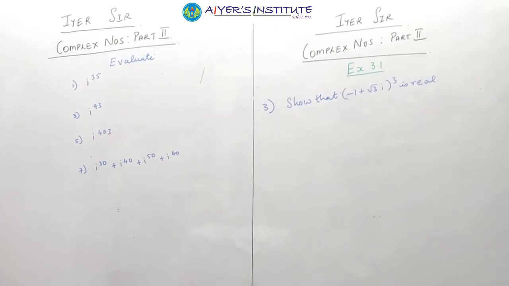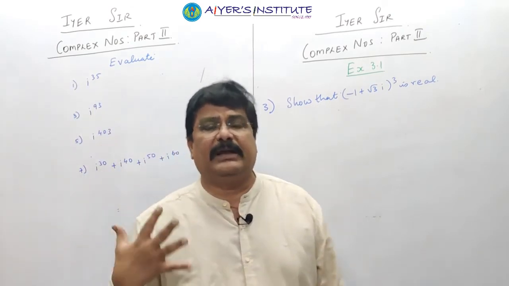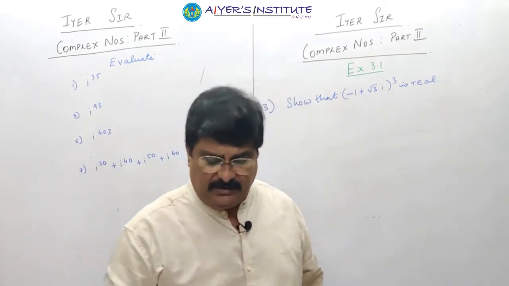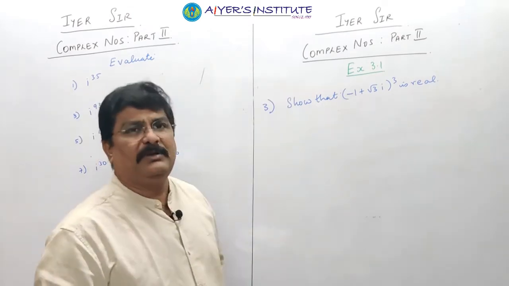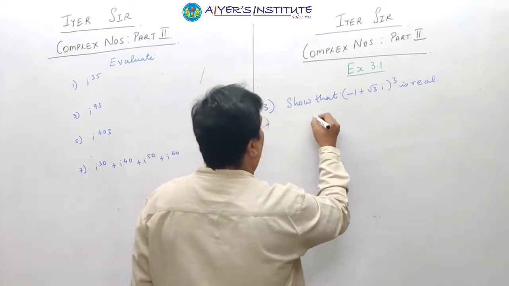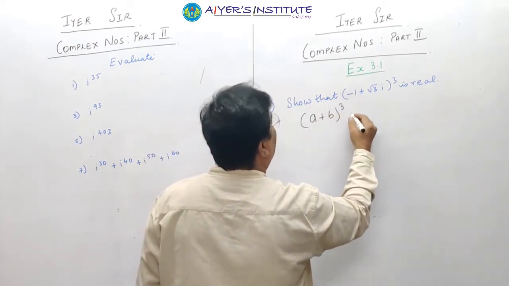Okay guys, now we go with the third sum. Same exercise. Today the working out of the exercise schedule is on, so we look into that very clearly. Now for this you should know a plus b the whole cube. I think you know this. There are different ways of writing.